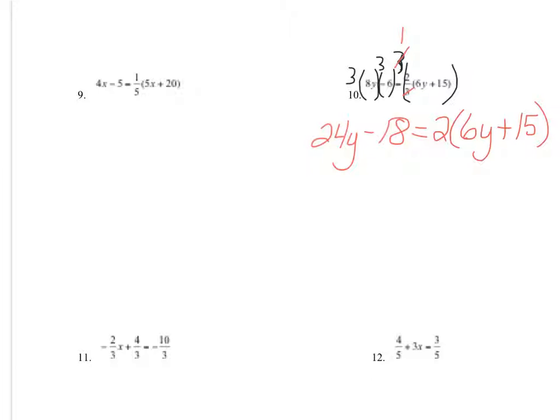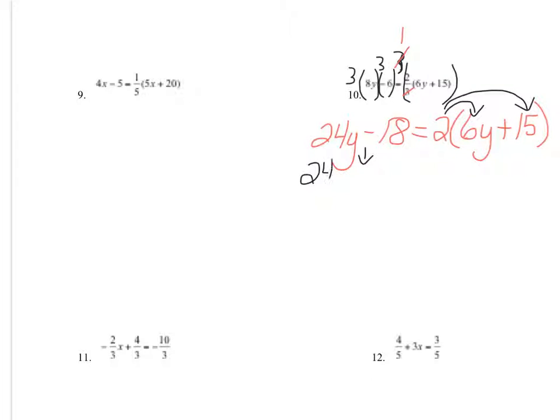Okay, so next we need to distribute right here, because we have a parentheses with a number on the outside. So we're going to distribute that 2. This whole thing is going to get written again because we're not doing anything with it yet.